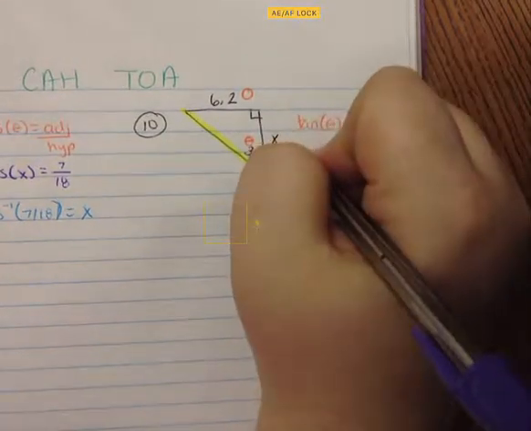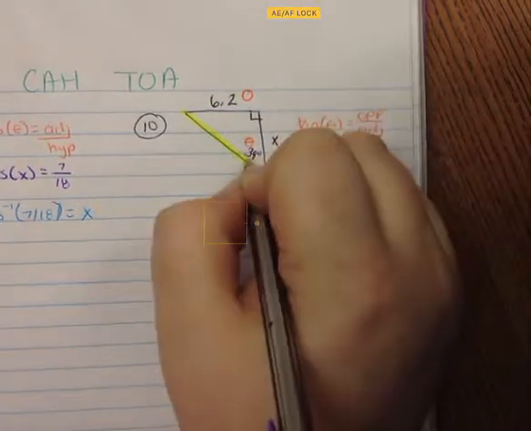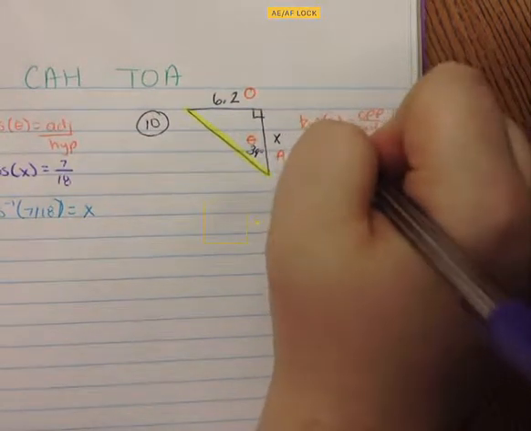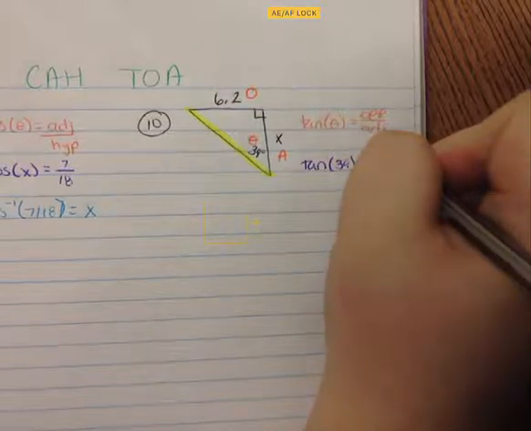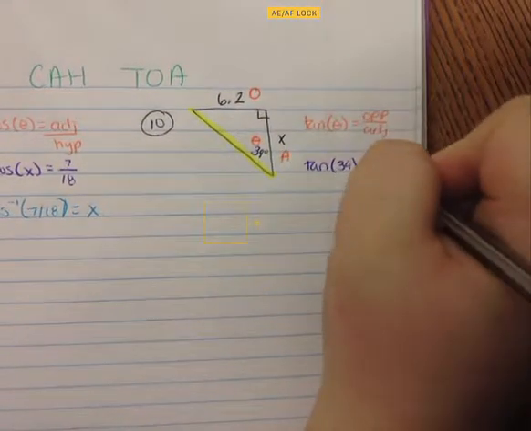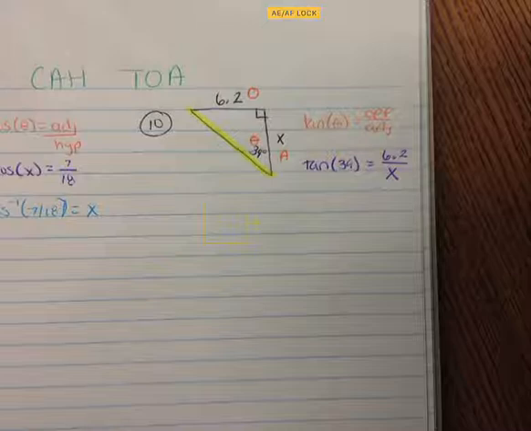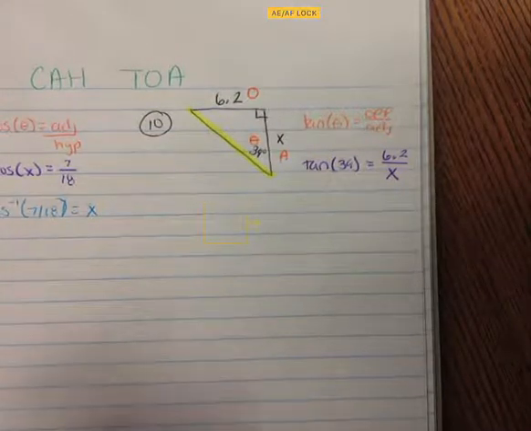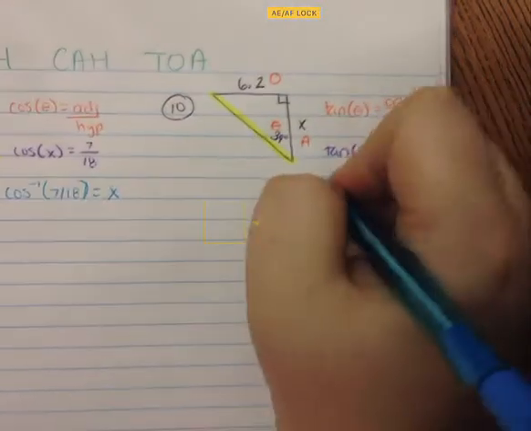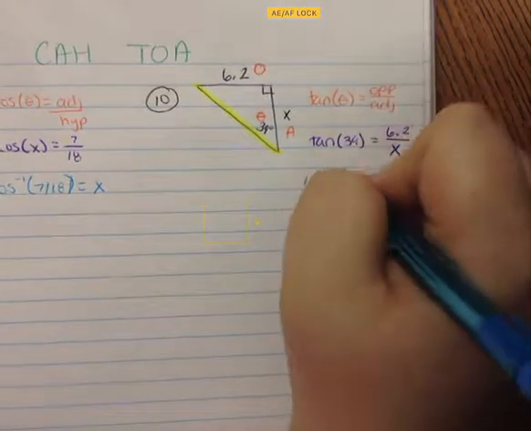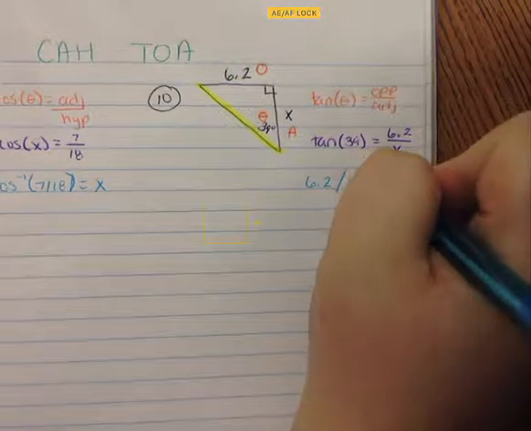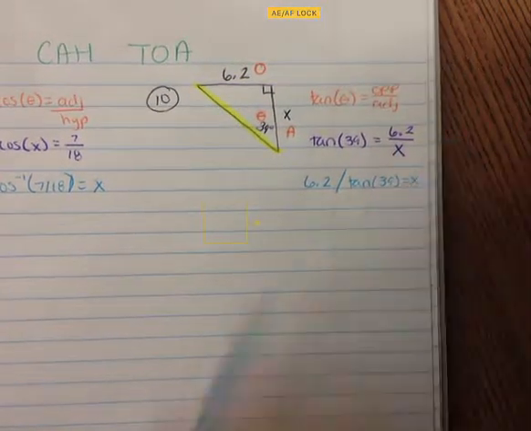So tangent of our theta, the 39, equals our opposite, the 6.2, over the adjacent, which is the x. If you're given the numerator, you take your numerator and divide it by the trig. So we have 6.2 divided by the tan of 39, and that will give you your x.